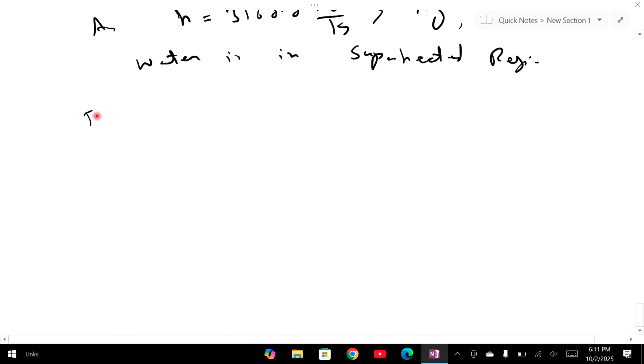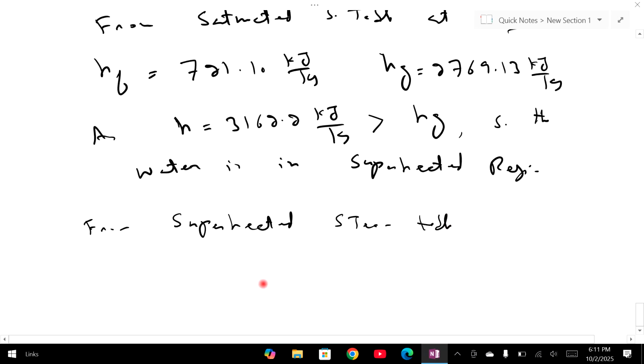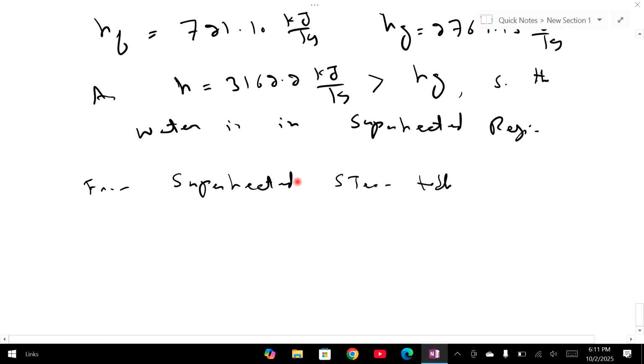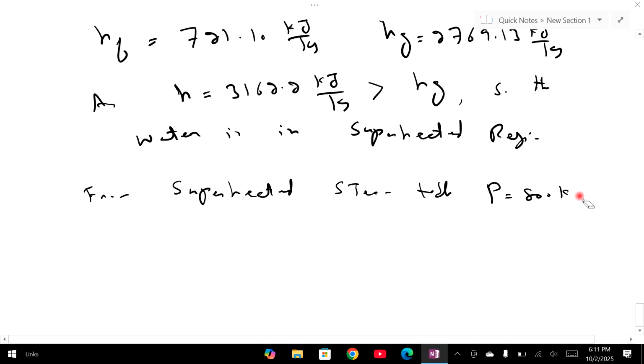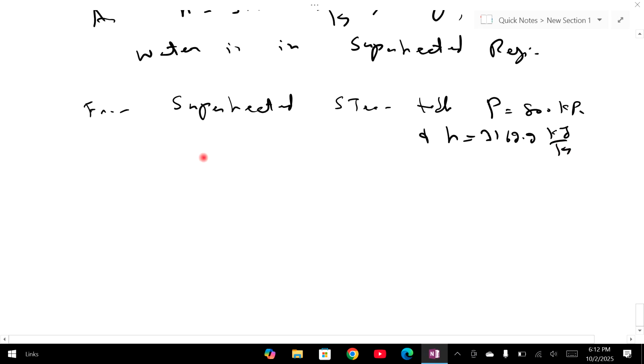From the superheated steam table, at pressure equal to 800 kilopascal and enthalpy equal to 3162.2 kilojoule per kg, find temperature.